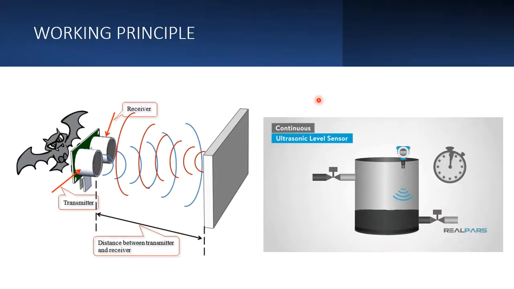This is one major advantage of the ultrasonic sensor. Again, it can detect liquids, metals, non-metals, and any kind of object, because it is not dependent on any magnetic field or electric field.